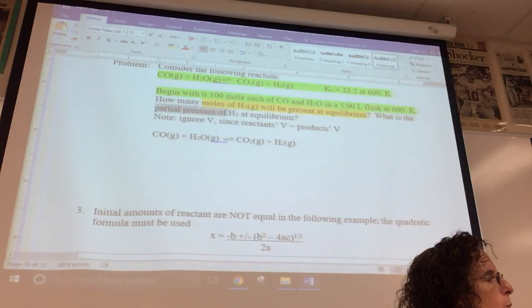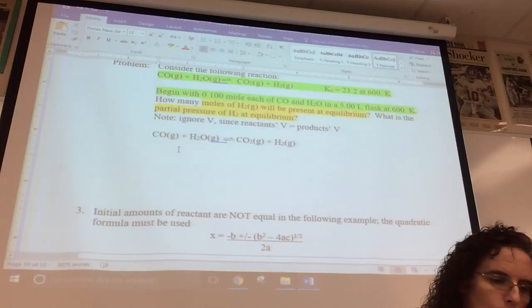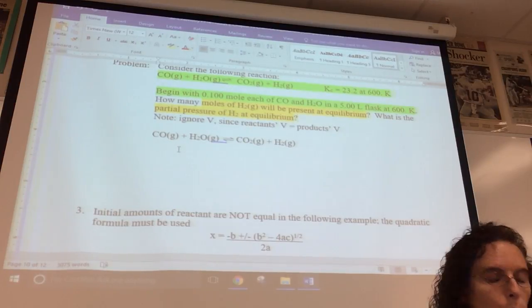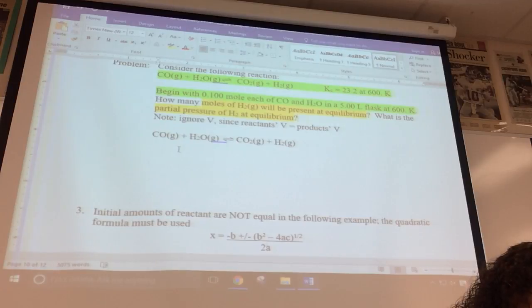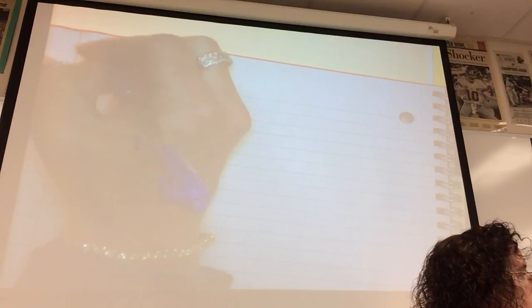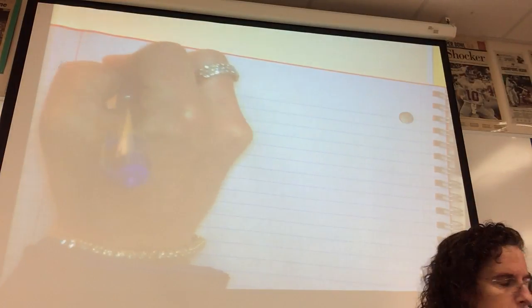We want to know the partial pressure of hydrogen gas at equilibrium. What approach do we use? What do we call that? RICE. And what goes in the R line? The equilibrium. And everything's a gas, so I'm not going to write gas.